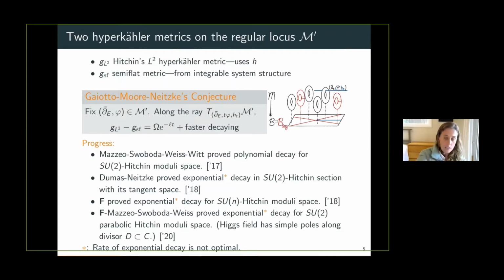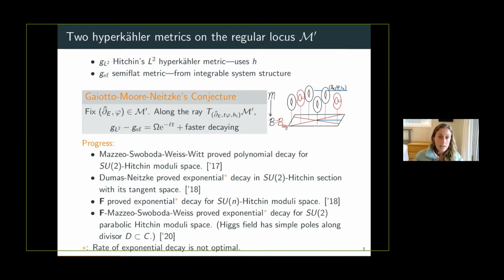All right, so the simplest form of the conjecture would look something like this. You have two hyperkähler metrics on the Hitchin moduli space. One is the L2 metric, called that because it looks like the norm of the Higgs field squared plus the norm of the deformation of the flat connection, that is, the deformation of the holomorphic structure, squared.